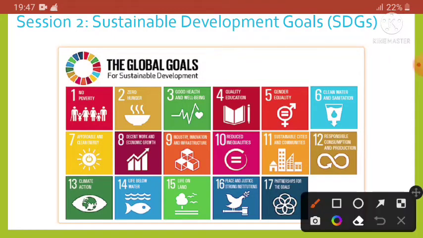SDG 1, 2, 3, 8 and 9 are related to the economic area, whereas SDG 6, 7, 12, 13, 14, 15 are related to the environmental area, and the rest of the SDGs, like 4, 5, 10, 11, 16 and 17, are related to the social area.